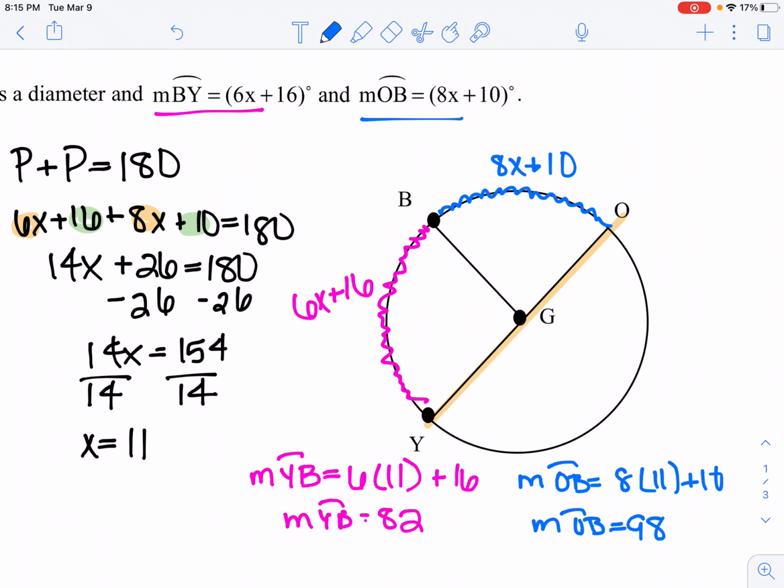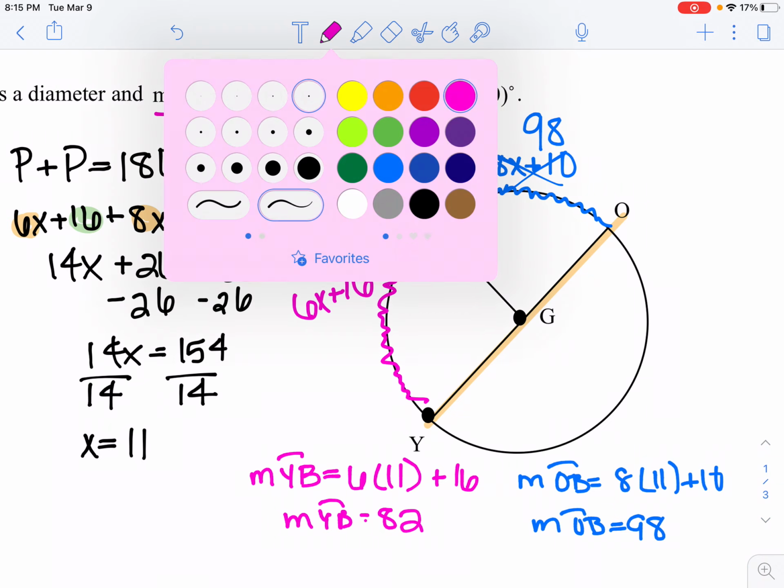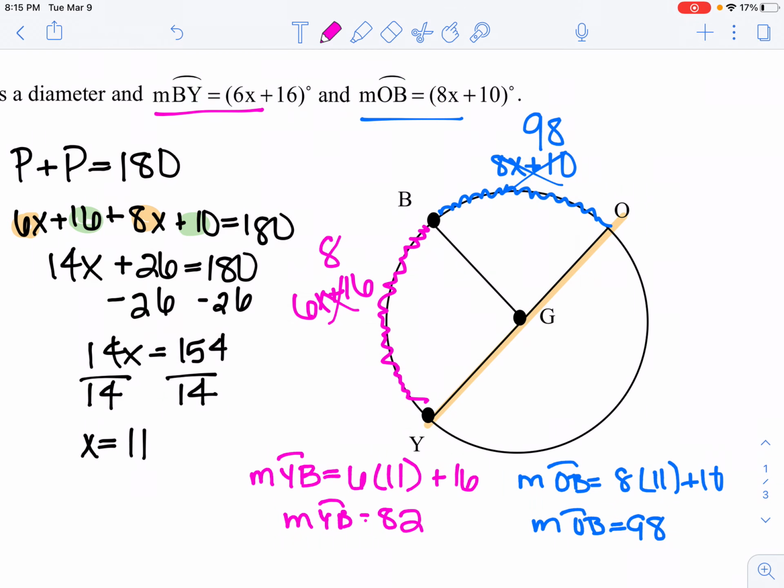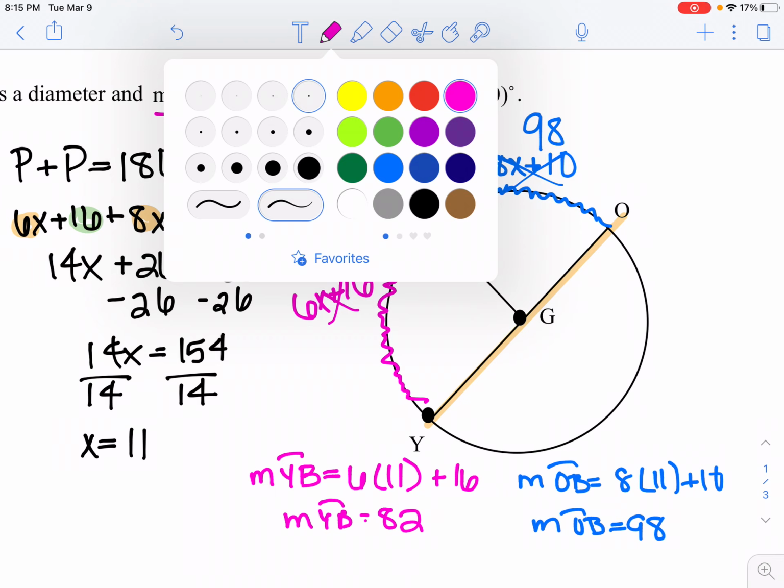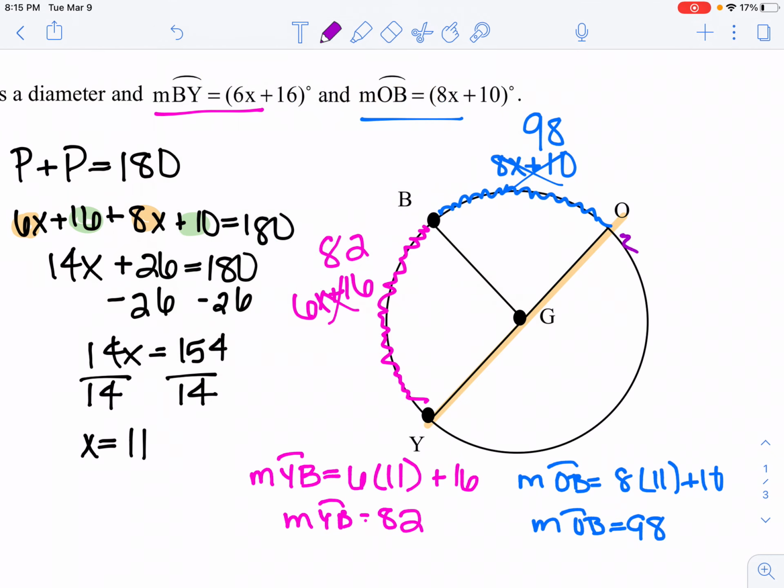So now we know the measure of this arc is 98. We know the measure of this arc is 82. Now remember, I like you to label all of your arcs before you try to answer. And the measure of this other semicircle here is 180.